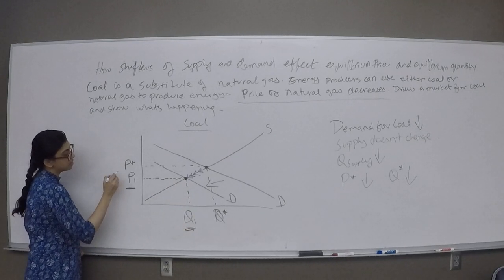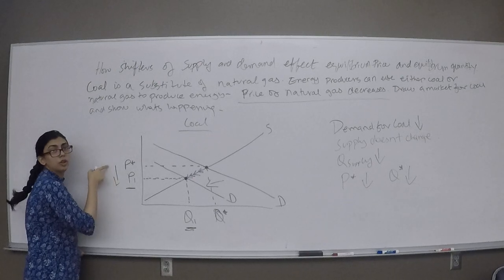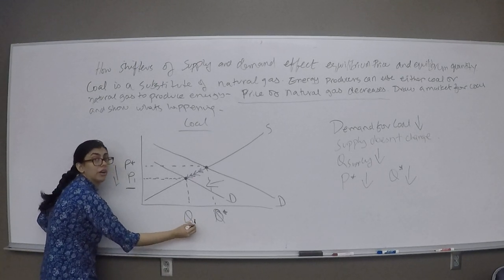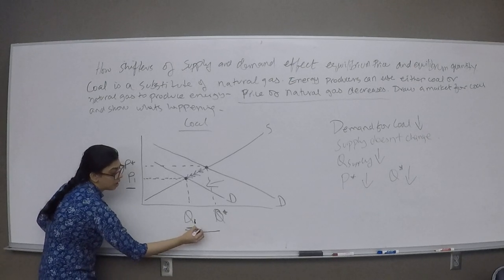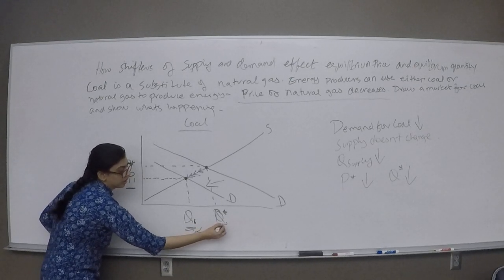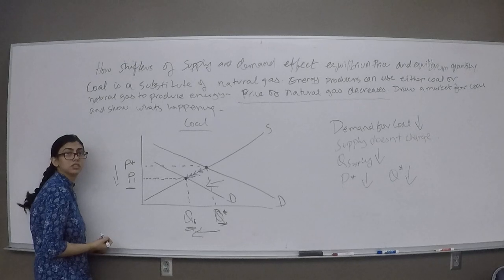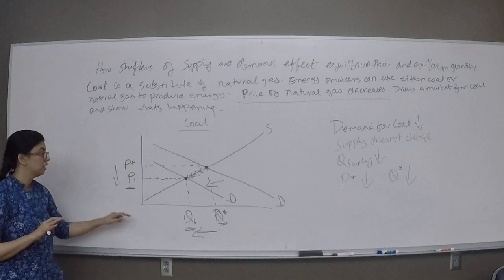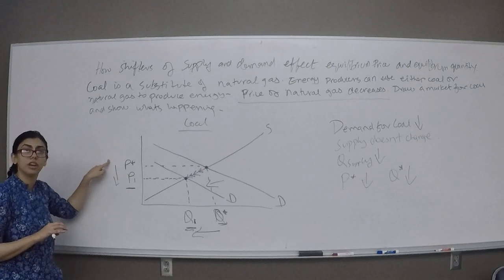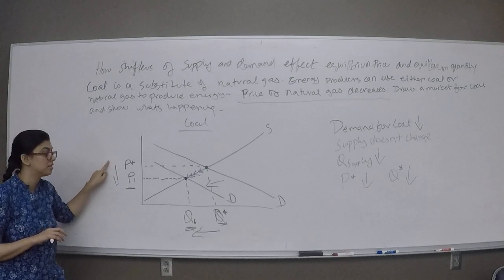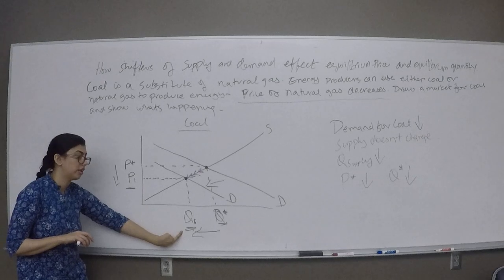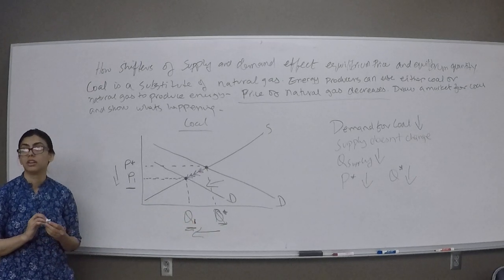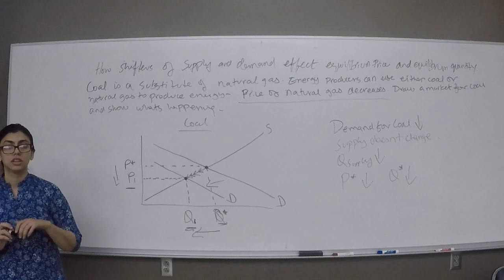Your new price is lower than your original price, and your new quantity, Q1, is lower than your original quantity. Does that make sense? That's okay. That's totally fine. So your new price is lower than your original equilibrium price, and your new equilibrium quantity is lower than your original equilibrium quantity. Make sense?